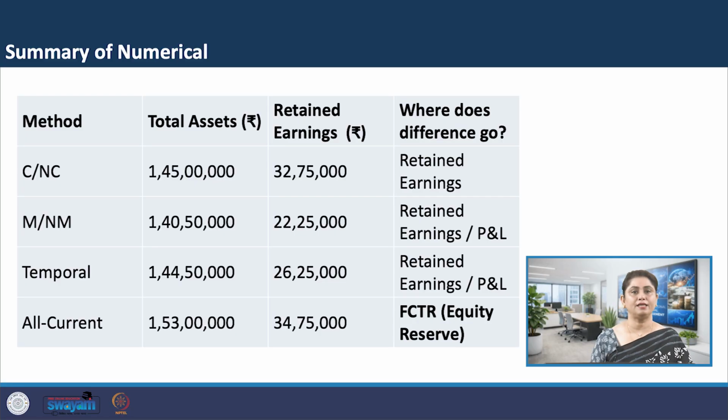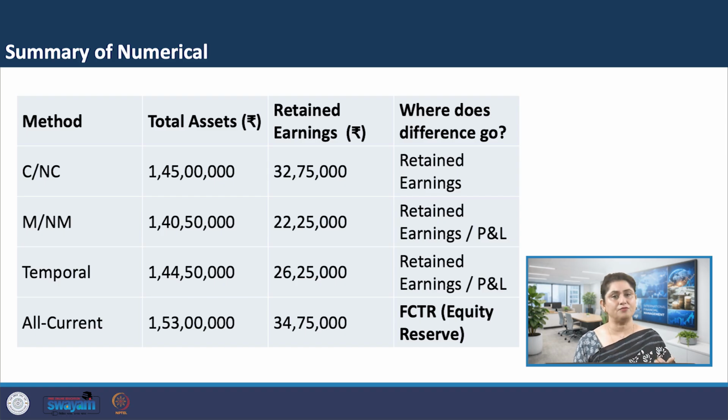Now, on this slide, you can see the retained earning figures for all the four methods placed together. As you know, in the balance sheet translation, retained earnings is always treated as the balancing figure. It's what makes the balance sheet tally after translating all other items. So, once you have attempted solving the balance sheet under any method, you can cross check and verify your answer directly from this table.